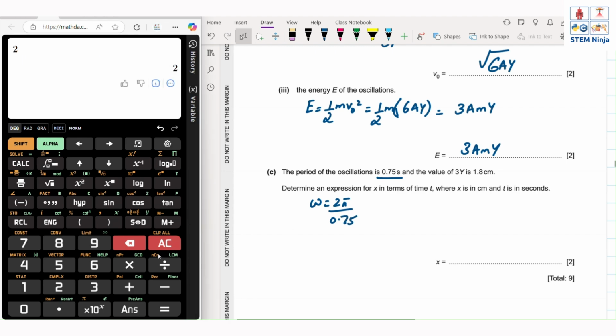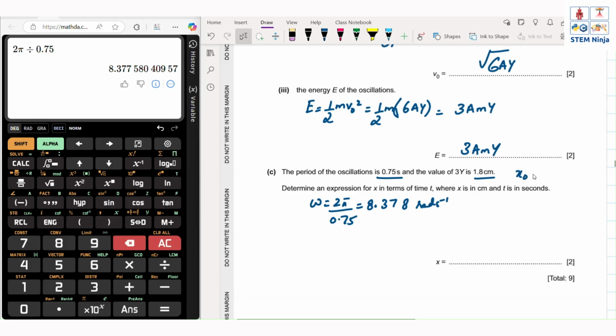So 2 pi divided by 0.75 is 8.378 radians per second, and x naught is equal to 1.8 centimeters. So x is equal to x naught sine omega t.